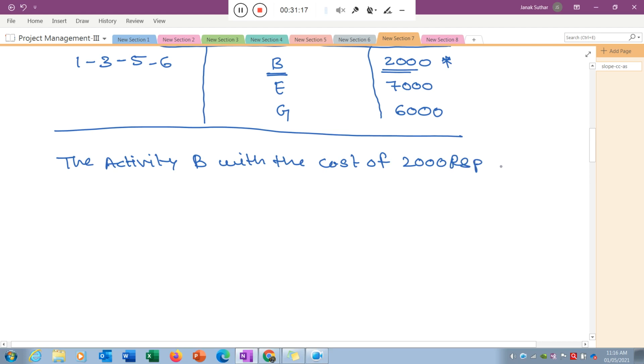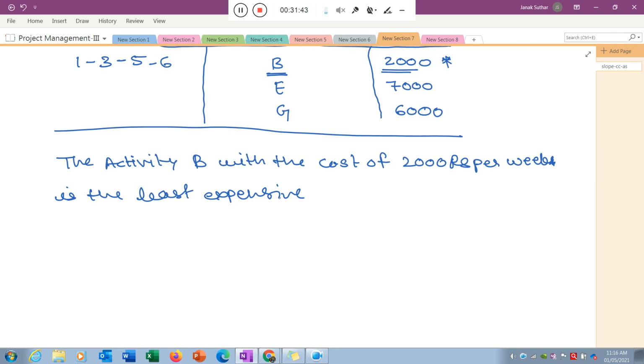Actually it is per week. Slope means per week how much increment and how much decrement that will show. So per week is the least expensive, you can write here, is the least expensive and can be crashed by 3 weeks, as we just discussed, as per the feasibility of the reduction.